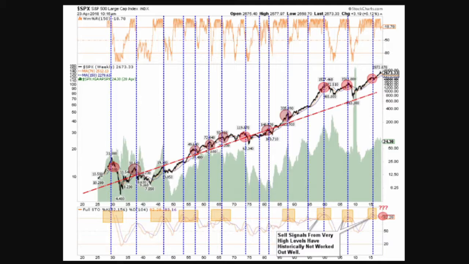So I like looking at the weekly stochastics. It's down here in the bottom part of this chart here. It's not my favorite indicator. It's probably one of the lesser indicators that I use, but again, I will look at the weekly stochastics often enough, because it just gives you another indication or a different perspective.